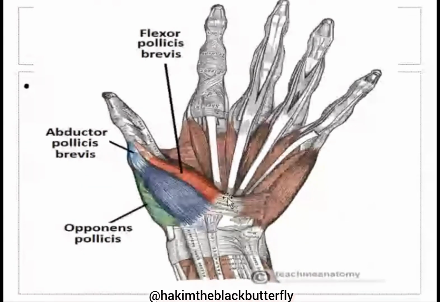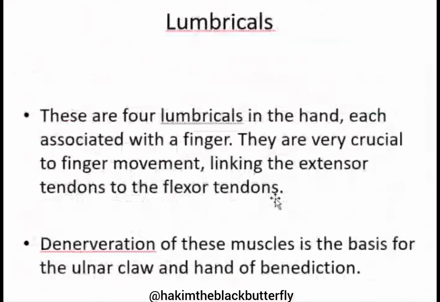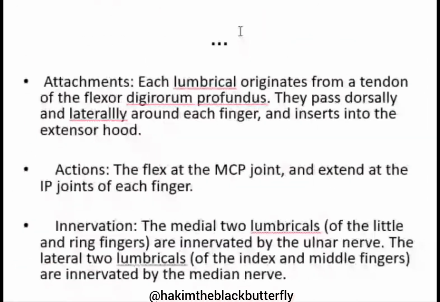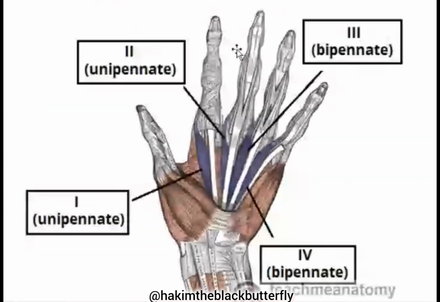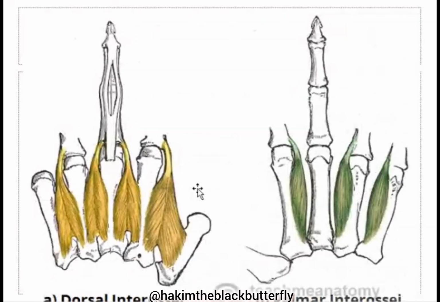These are the muscles which are located in the hand. Then you look at the muscles known as lumbricals. These lumbricals are attached to the tendons of the flexor digitorum profundus. Then you look at muscles known as interosseous muscles.